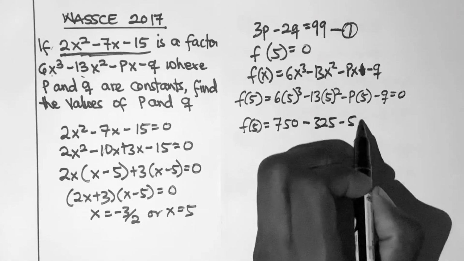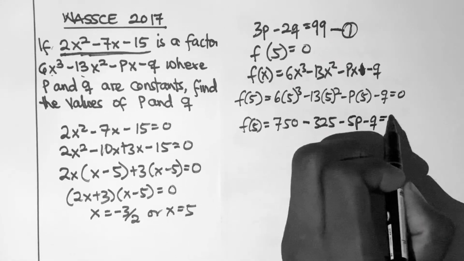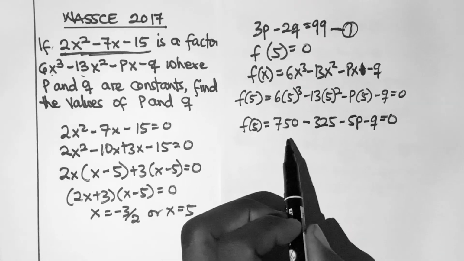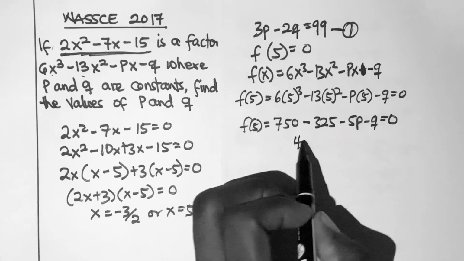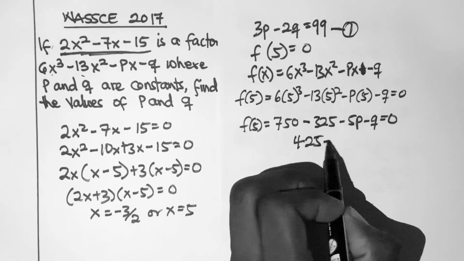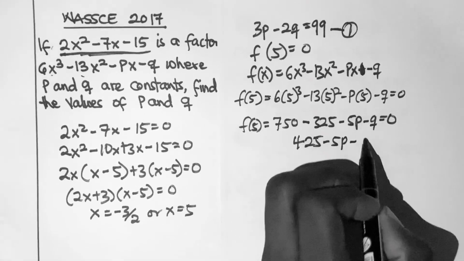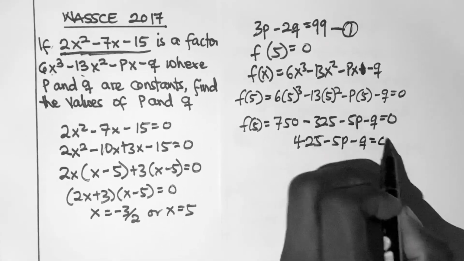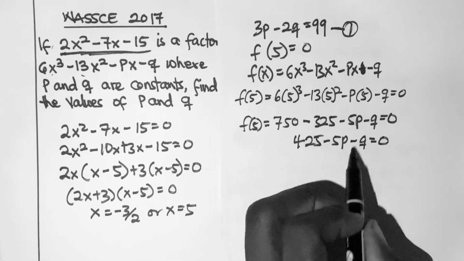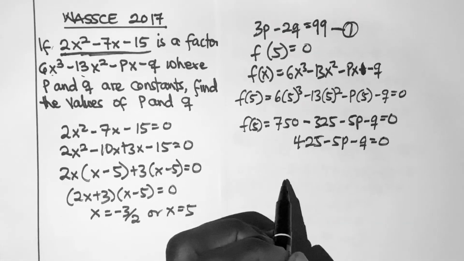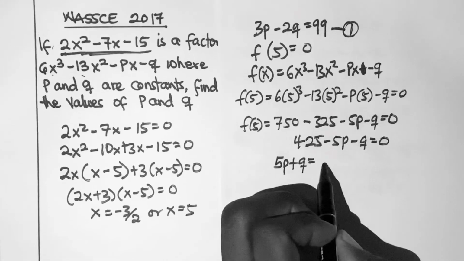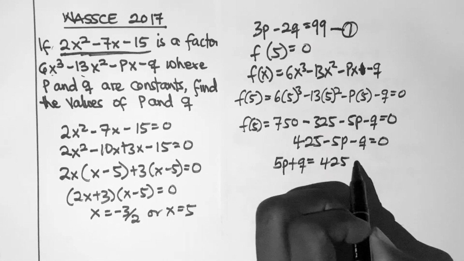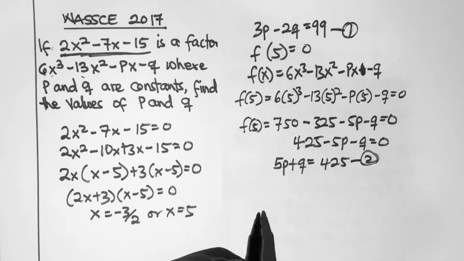Then minus 5p minus q equals 0. So now 750 minus 325 will give us 425 minus 5p minus q is equal to 0. So let's bring 5p and q to the right hand side. So it becomes 5p plus q equals 425. So this becomes equation 2.